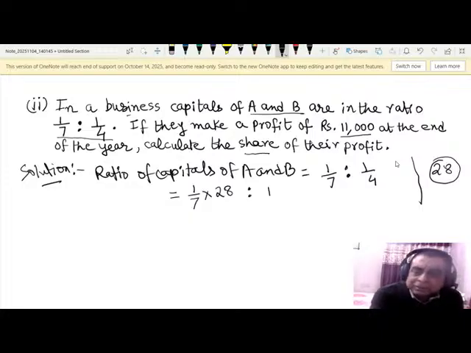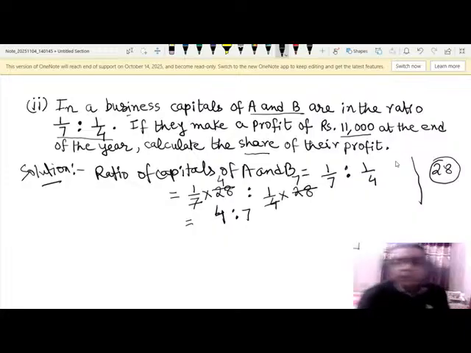If we multiply all the terms of a ratio with the same number other than 0, the ratio is maintained. So divide 28 by 7, you get 4. And divide 28 by 4, you get 7. So the ratio of the capitals of A and B is 4 is to 7.